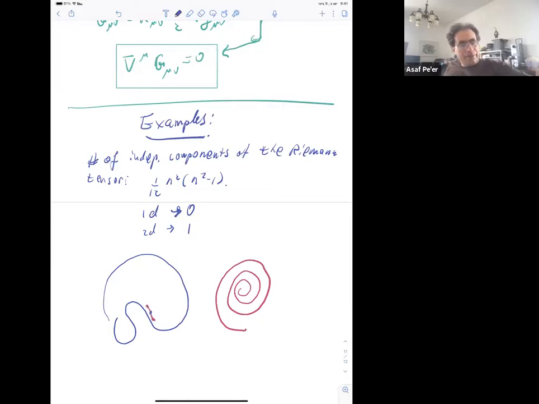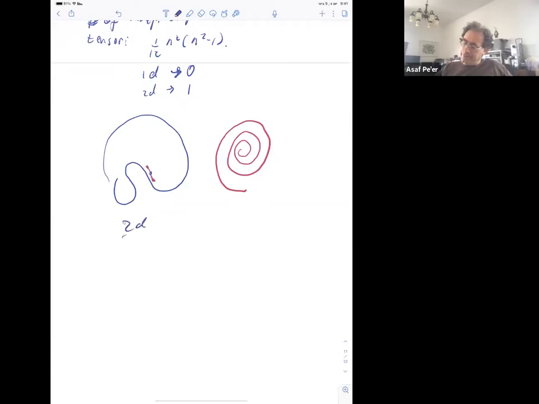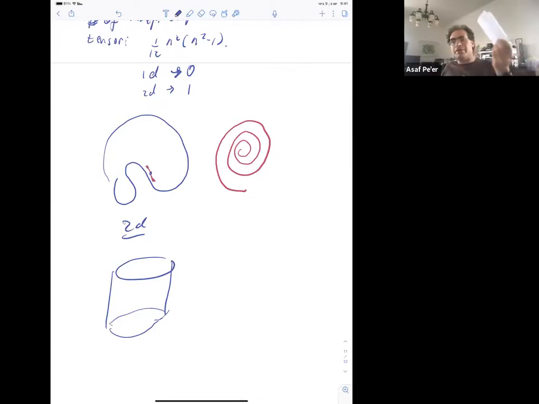Okay. Example: a cylinder. What's the curvature of a cylinder? Zero. I just demonstrated it. This is a cylinder.